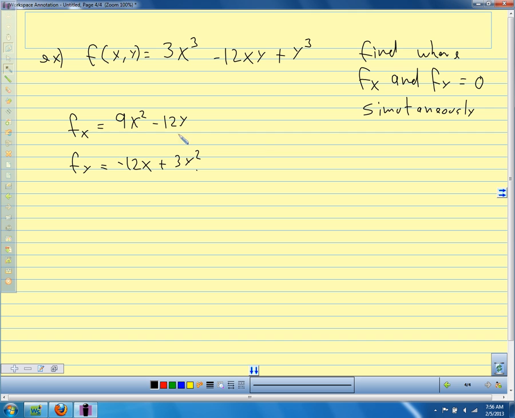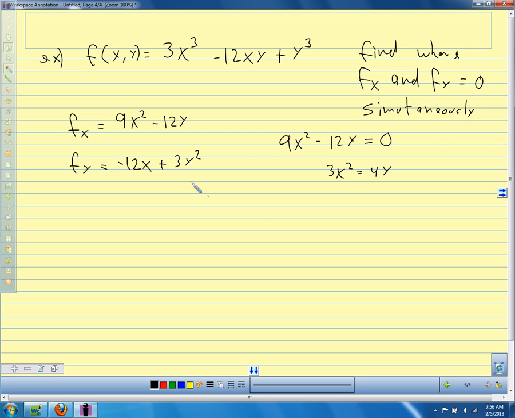So we have two equations, two unknowns. We're going to say 9x squared minus 12y equals 0. Solving this, I'm going to say 3x squared equals 4y.